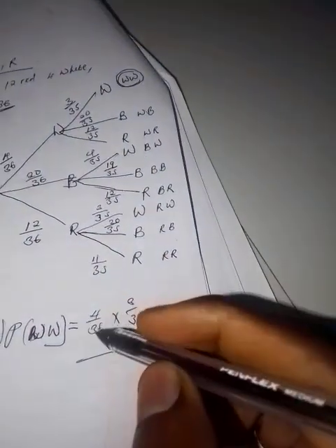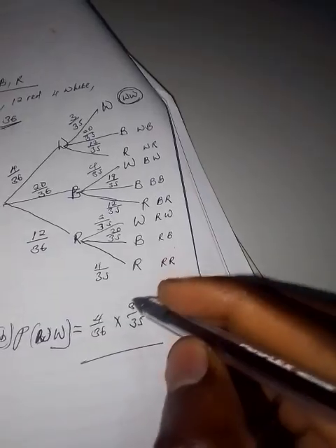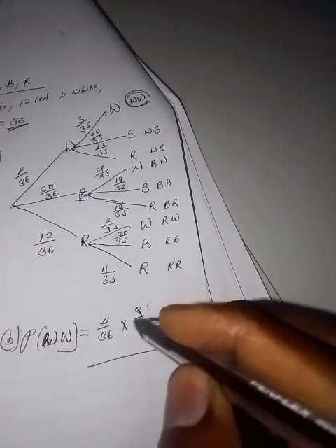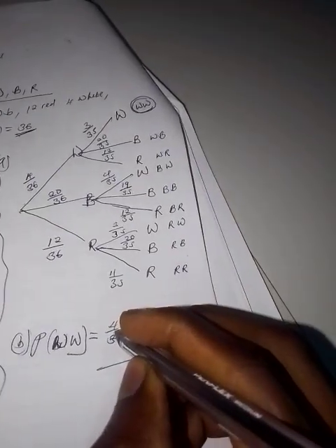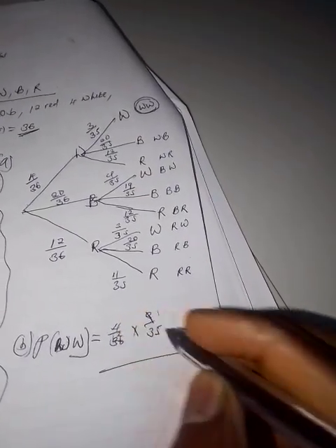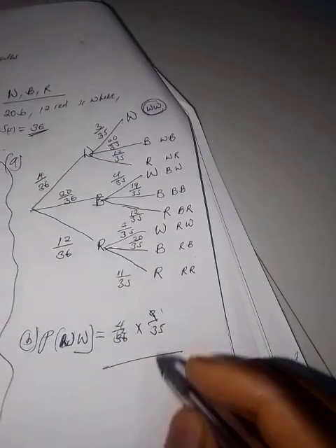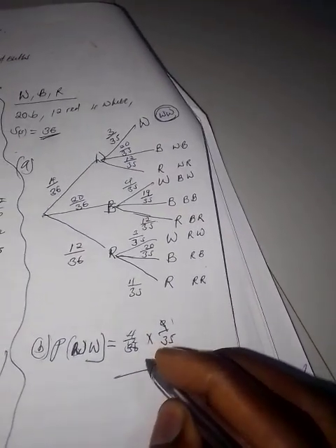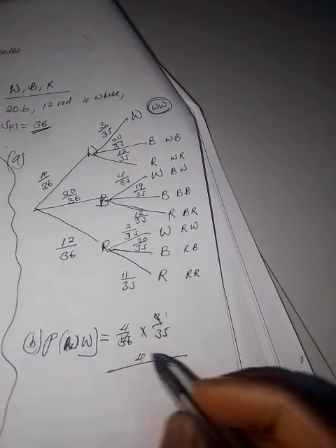So here we can make use of 3. 3 can go into 3 one time. 3 can go into 36 12 times. Then let's say 4 multiplied by 1, the answer would be 4 out of, what is 12 multiplied by 35?